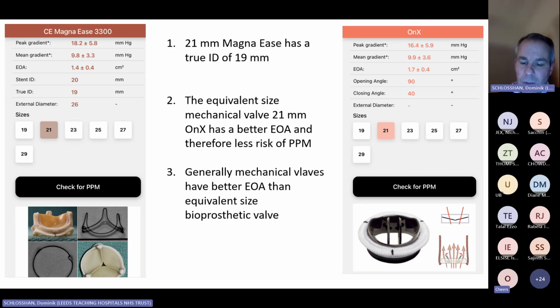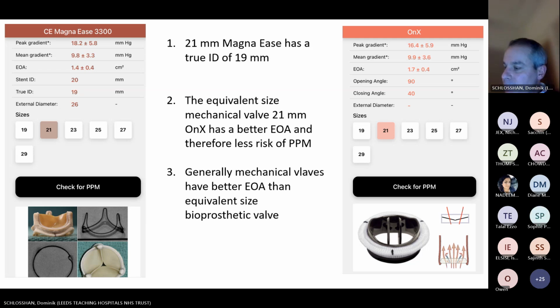That's an important thing, especially when you're planning what size to use and trying to avoid prosthesis patient mismatch, i.e. too small a valve for their body. Sometimes you should consider a mechanical valve. The app is also great because you can put all the data in, weight and height and the valve, and check which one might cause prosthesis patient mismatch.